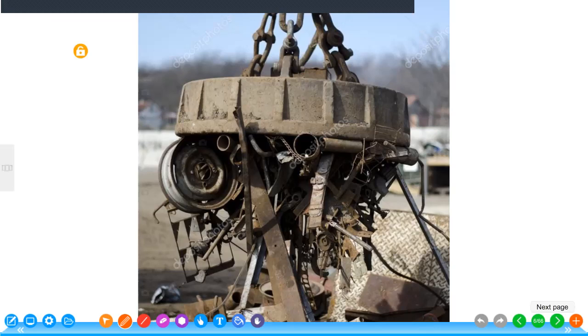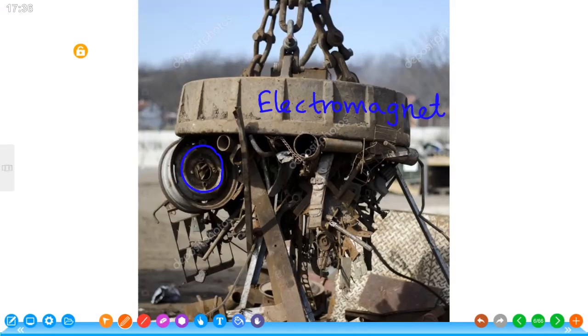You can see that even metal rims and other things are attracted to the powerful electromagnet. Here we get the electromagnet, and to that these pieces of iron get attracted. Therefore, this is a very good example for the use of an electromagnet.